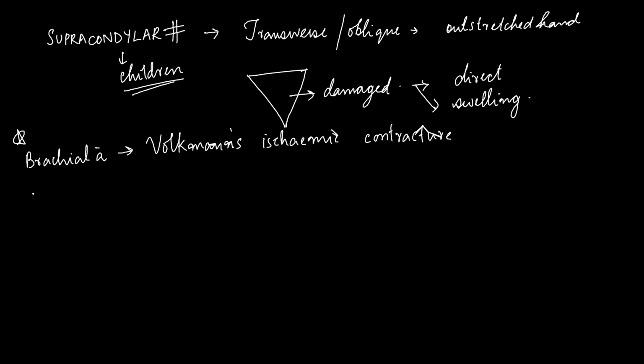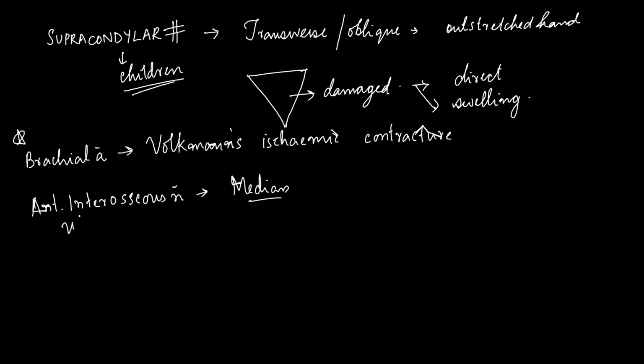Now, if at all there is a damage to the anterior interosseous nerve, that is anterior interosseous nerve is a branch of median nerve, remember, branch of median nerve.